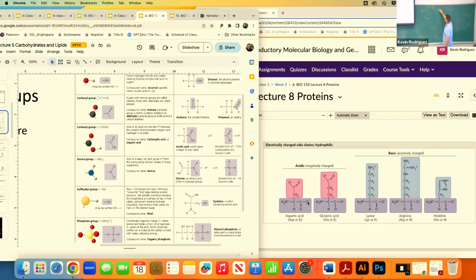Let's look at the next one. We're looking at basic, right? What are we seeing? Nitrogens. That's right. So you can ignore the carbons. What are we seeing? NH3 plus. Here in this case, we see that we have two nitrogens stuck to a carbon, NH2 and NH2 plus.